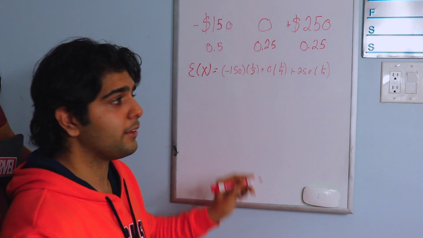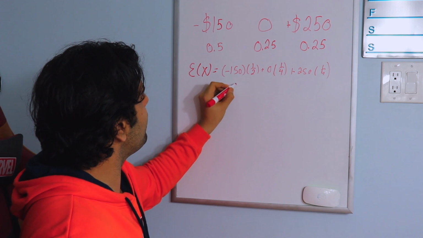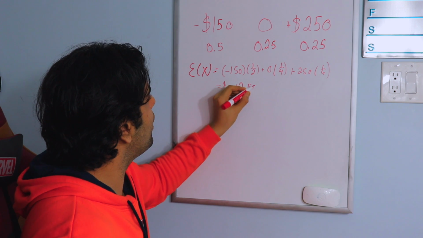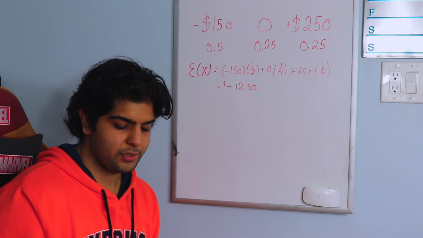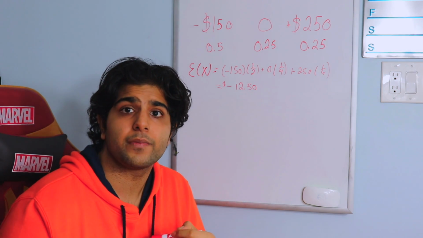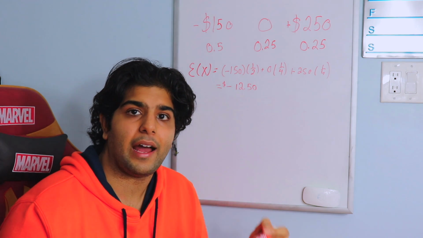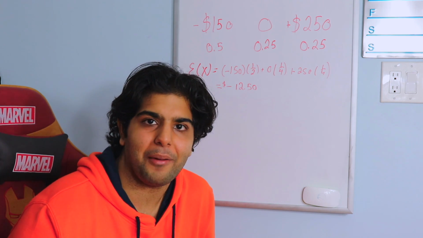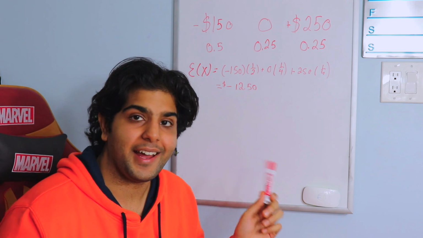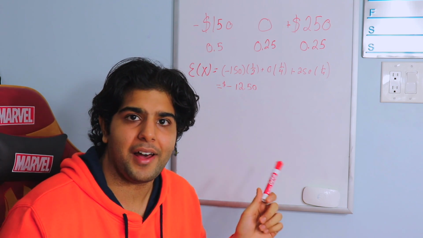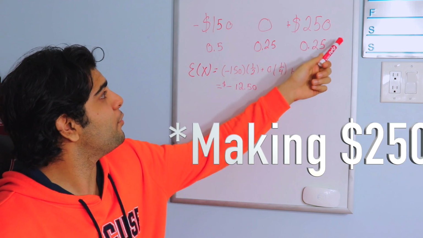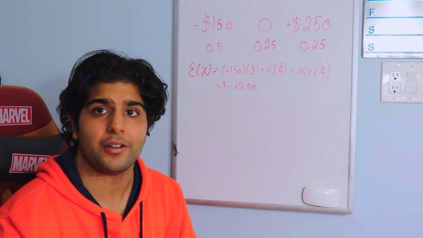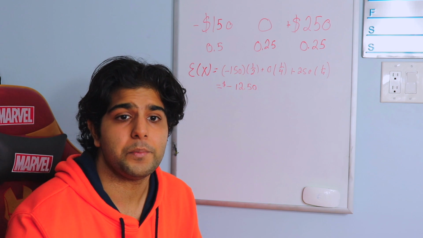The answer to this is negative $12.50. So on average, every turn I play, I expect to lose $12.50. Like in the dice problem, it's kind of impossible to lose exactly $12.50, because each turn I'm either losing 250, losing 150, or nothing. And this is per game.